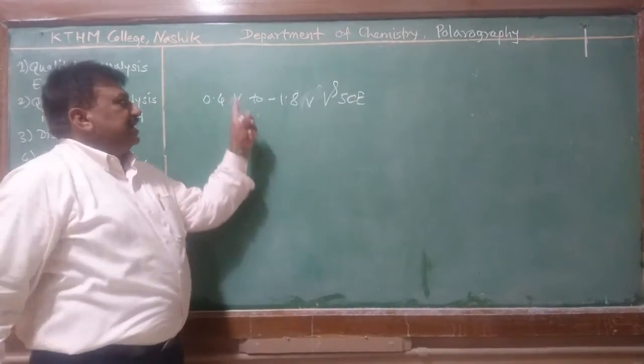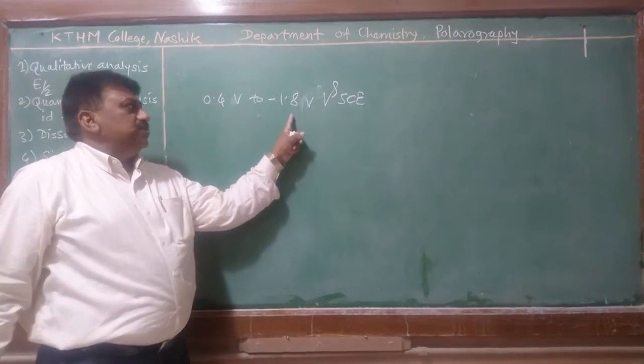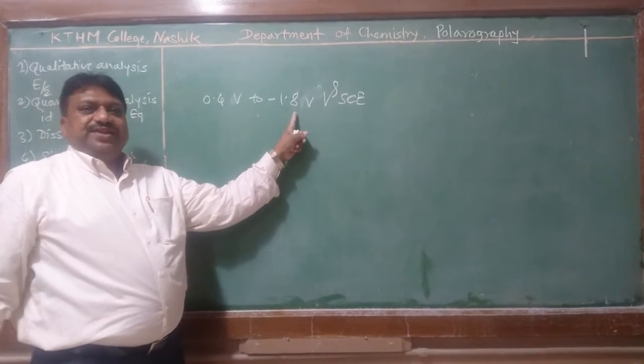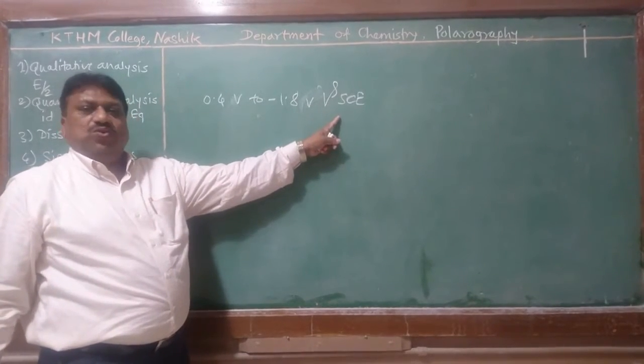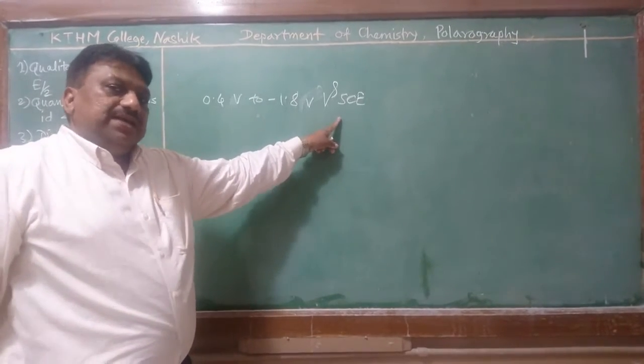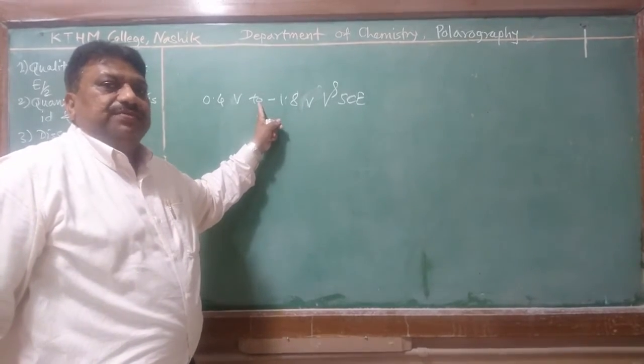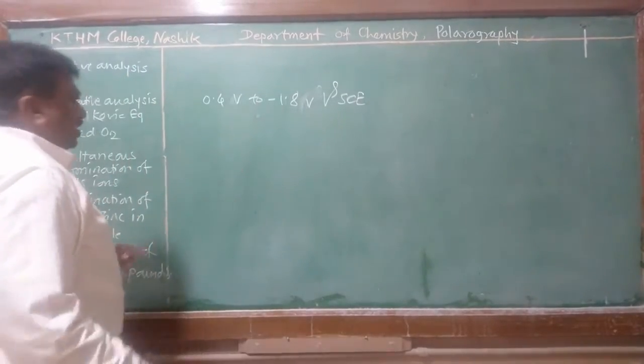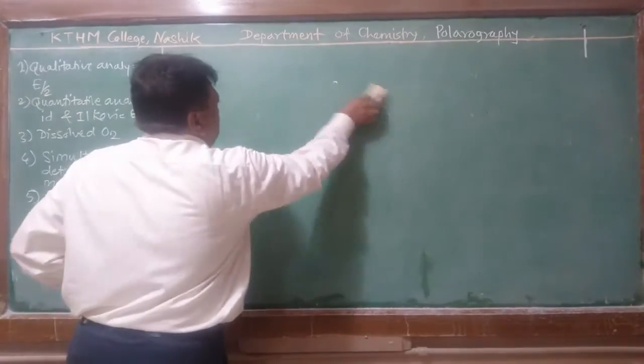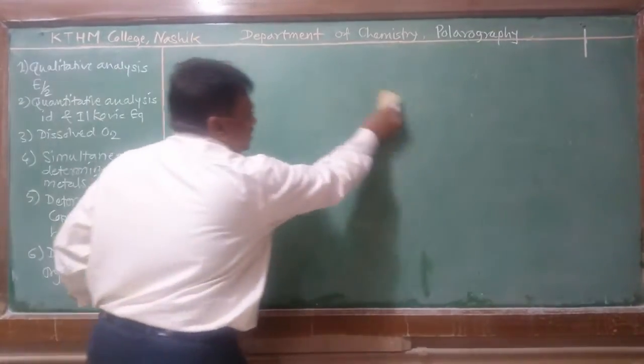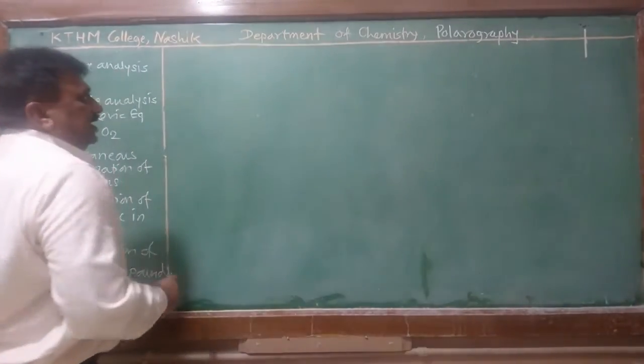Therefore, analytes that are either oxidized or reduced within this potential range at the dropping mercury electrode can be determined by the polarographic method of analysis. Here the method is also extended to determine the concentration of organic compounds.